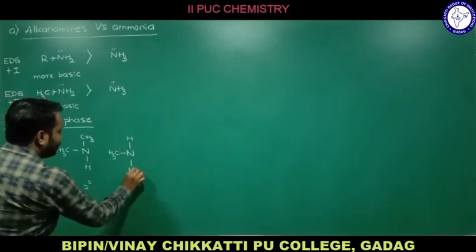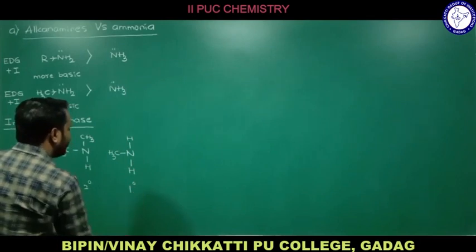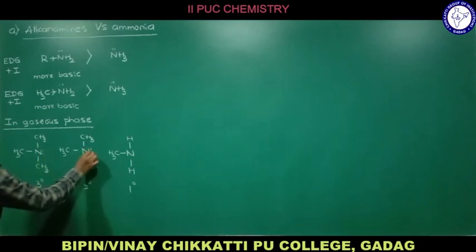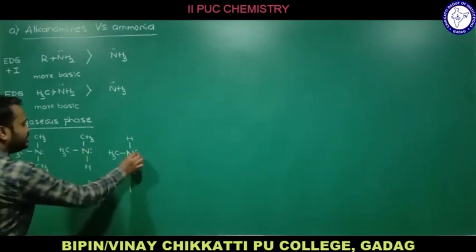As we know, primary, secondary and tertiary amine depends on the number of hydrogens replaced. So in this case all the hydrogens are replaced by methyl groups; tertiary, secondary and primary we are going to get. Now we'll try to understand the basic nature of these three types of amines.